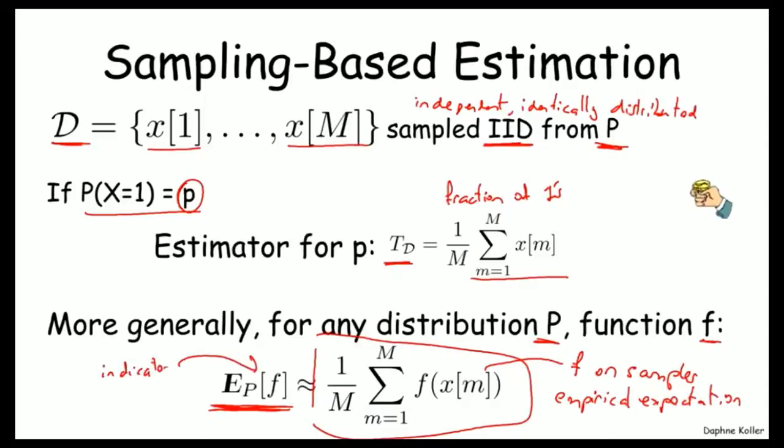And that corresponds directly to a probability. So for example, this probability can be viewed as the expectation relative to P of the indicator function representing x equals 1. The function that takes 1 when x equals 1 and 0 otherwise.